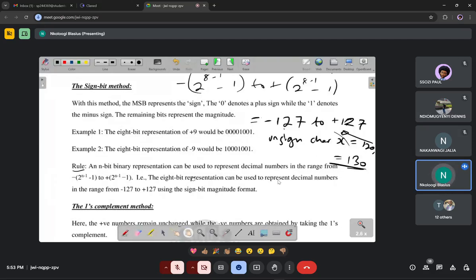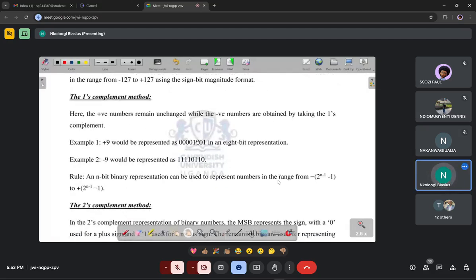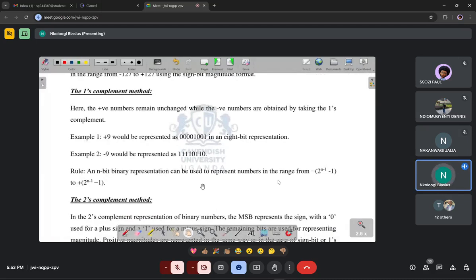So that's about the sign bit representation. What about the one's complement method? The one's complement method, of course, you know the idea that to complement something like this, you will have something like this if it's a one's complement. If it's a two's complement, then we shall later see.